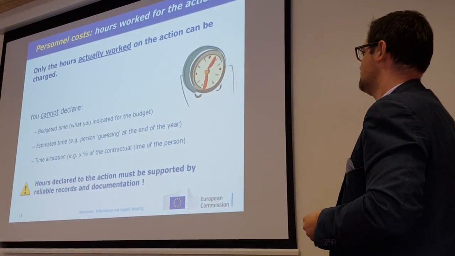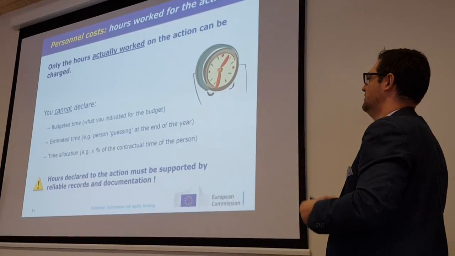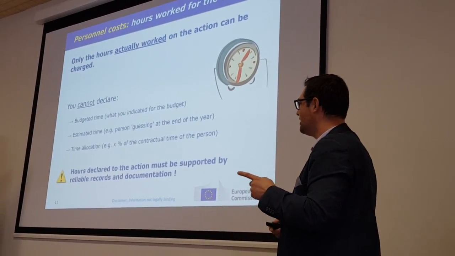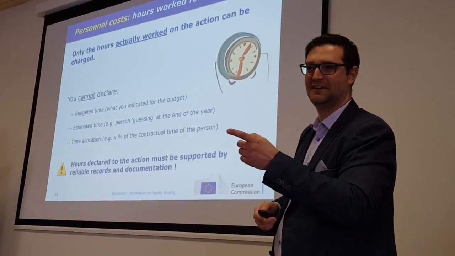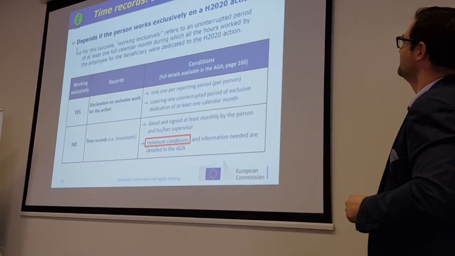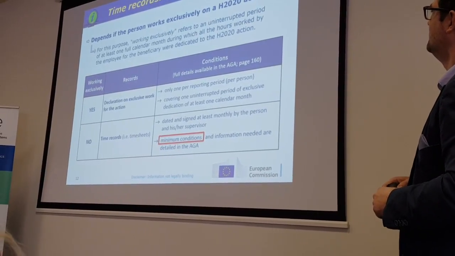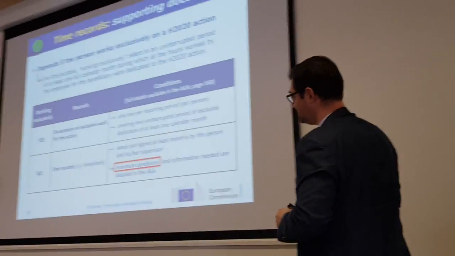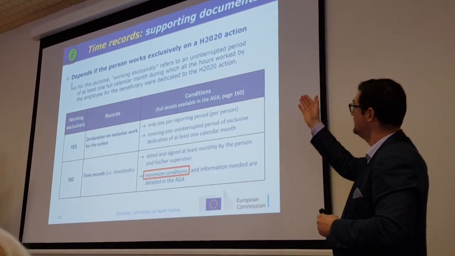Hours declared to the action must be supported by reliable records and documentation, and I said it before. What is a reliable time recording system? Timesheet, correct. So, time record, supporting documents. There is one question.